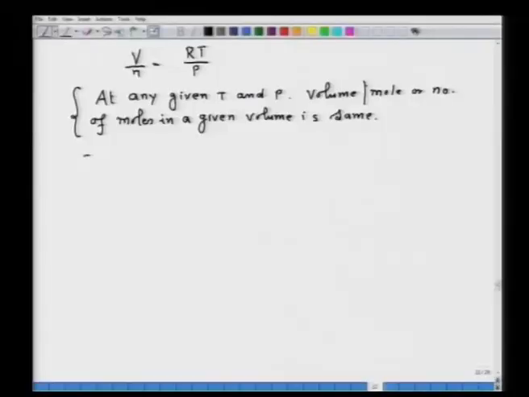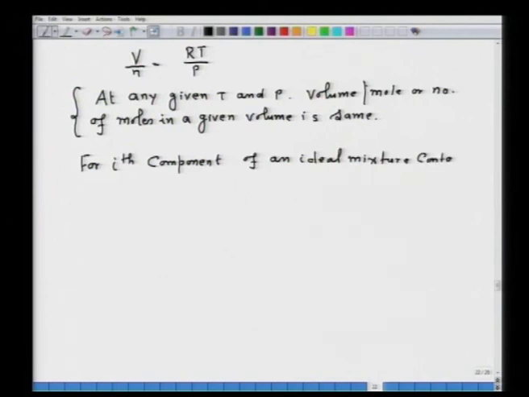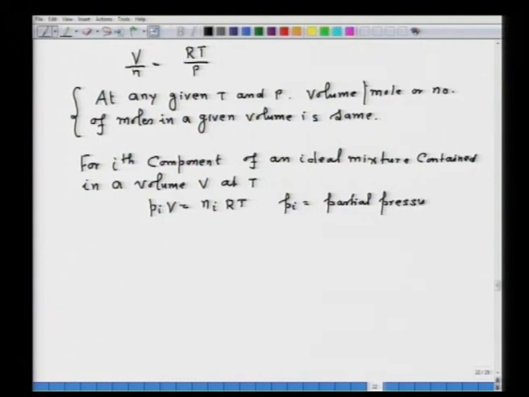So, for the ith component of an ideal mixture contained in a volume V at temperature T, we can write down Pi into V, that is equal to ni RT, where Pi is the partial pressure of that particular component, and ni is the number of moles of that component.